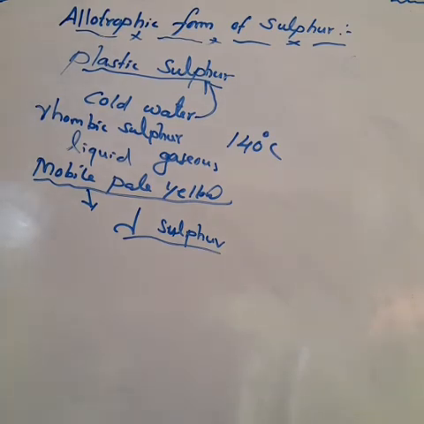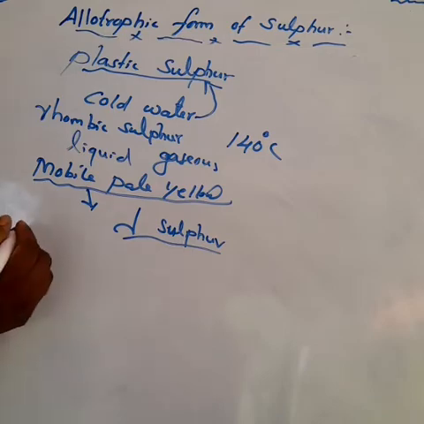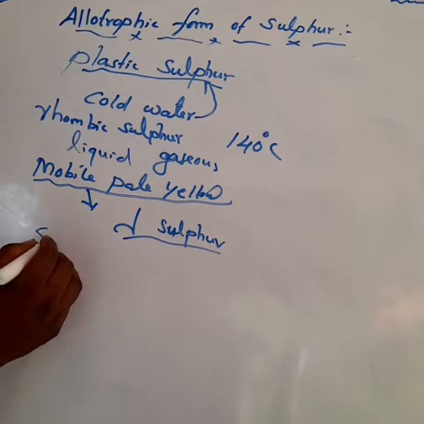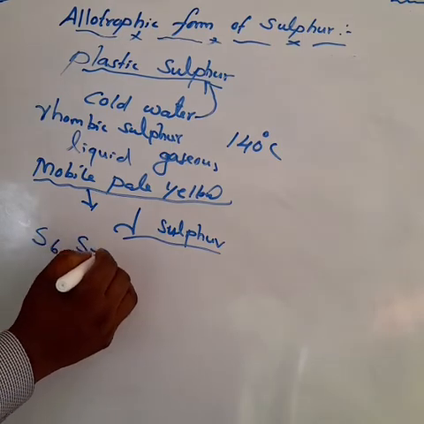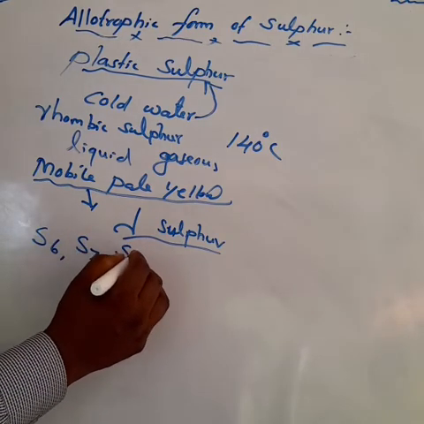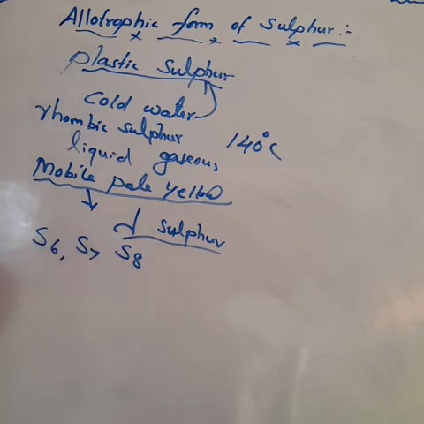The vapor over the liquid sulfur consists of some other types: S6 sulfur, S7 sulfur, and S8 sulfur.